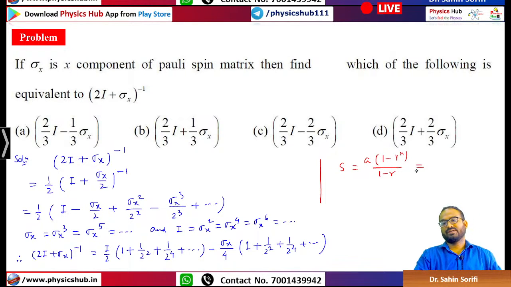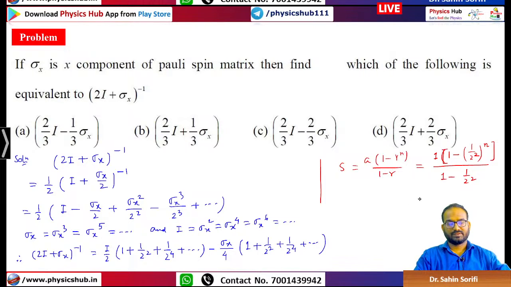Here the first term a is 1, and the common ratio r is 1 by 2 square, so 1 minus (1 by 2 square) whole to the power n, divided by 1 minus 1 by 2 square.